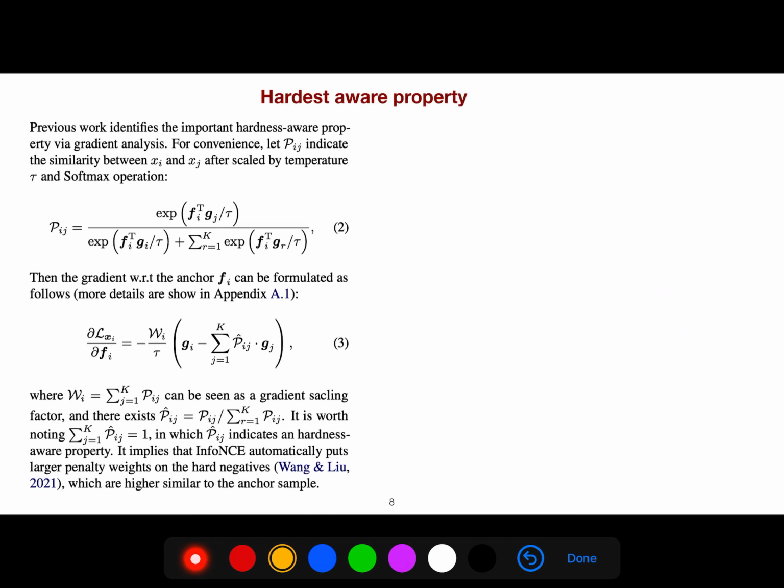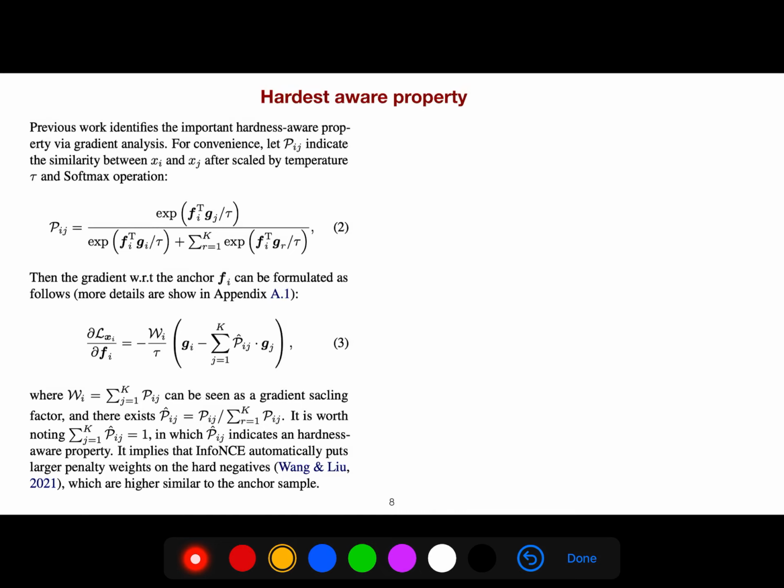Previous work identifies the important hardness-aware property via gradient analysis. For convenience, let P_ij indicate the similarity between x_i and x_j after scaling by temperature tau and the softmax operation. The gradient with respect to the anchor f_i can be formulated as follows.